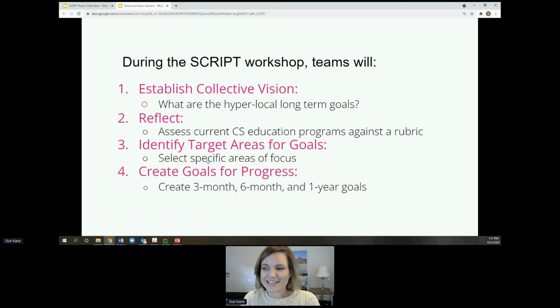I skipped over identifying the target areas, because when you get through with all 5 rubrics, you've now got data points on where you are as a district for over 40 different places where you could lean in and develop that as, okay, we're going to target that first. And so these strategies that districts build through the SCRIPT process are really unique, and they're really designed with the district team.